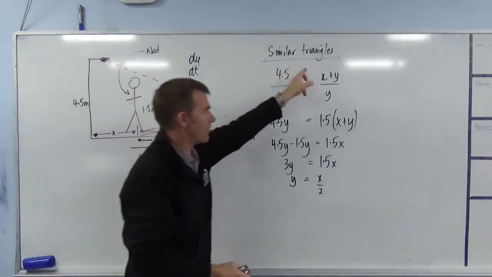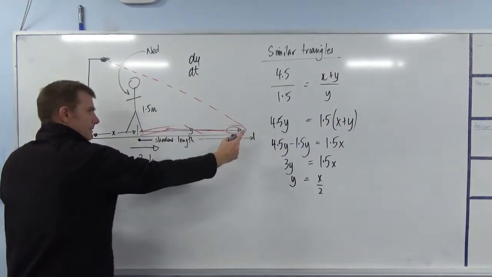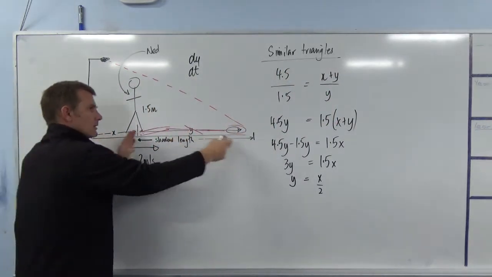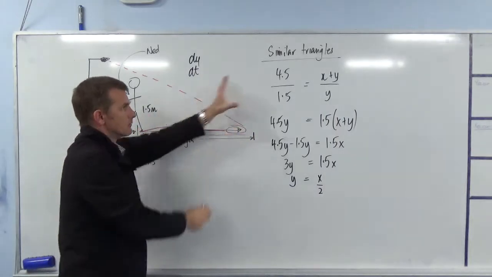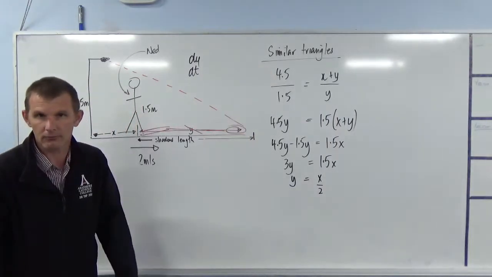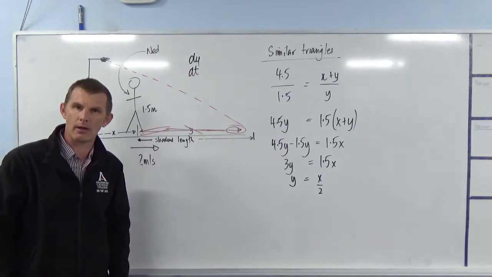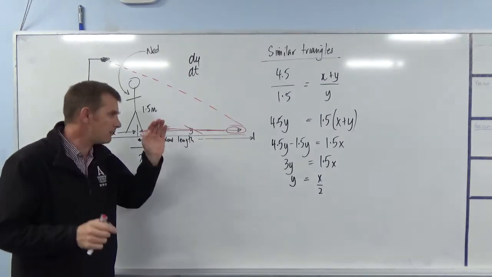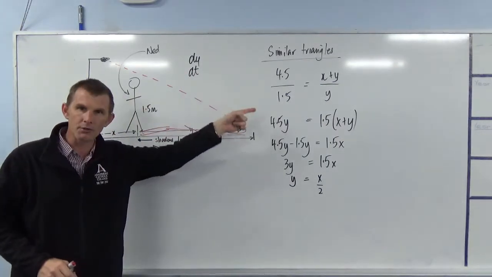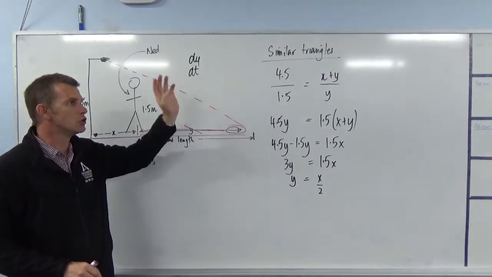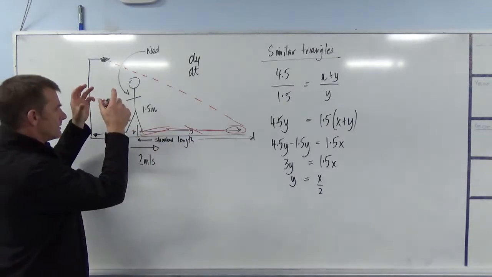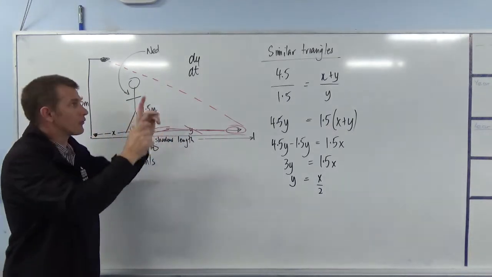So therefore, (X + Y)/Y is the bigger, both of them, divided by the smaller. So this is really just similar triangles, right? And if you were to know Y or X, you'd be able to figure the other ones out. But even if you knew Y or X, you wouldn't substitute, because you're not asking for the distances, you want the rates.